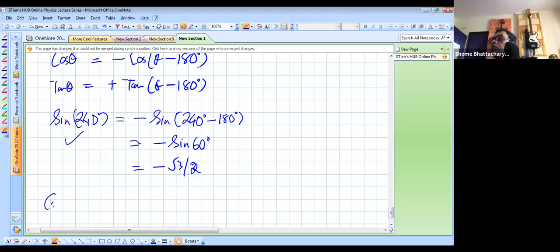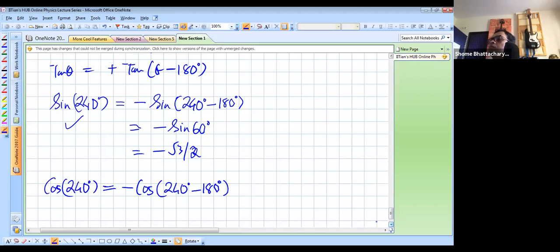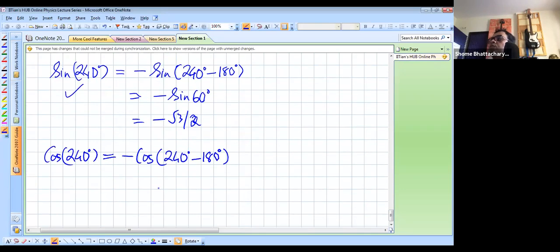Similarly, cos of 240 according to the formula should become minus of cos of 240 minus 180, so minus cos 60, which is minus half.